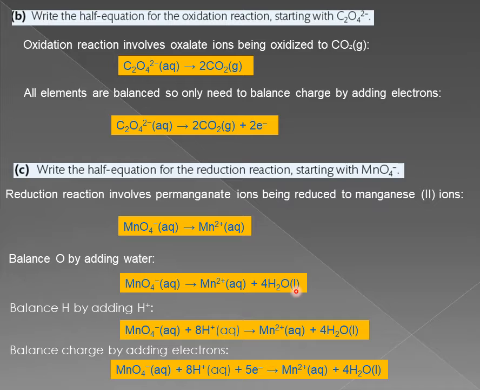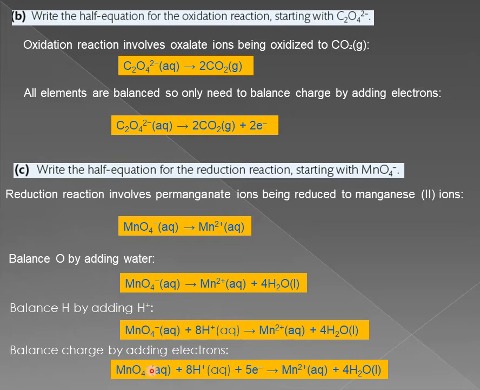After that, after balancing the oxygen, we need to balance the hydrogen. So we added 8 hydrogen here in the product side, so we need to add 8 H+ in the reactant side. Then balance the charge by adding electrons, and because it's reduction, we need to add electrons in the reactant side.